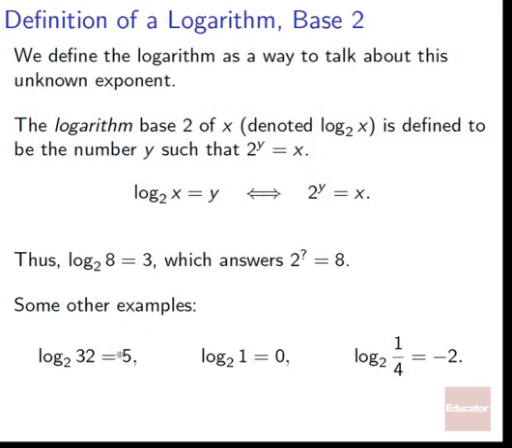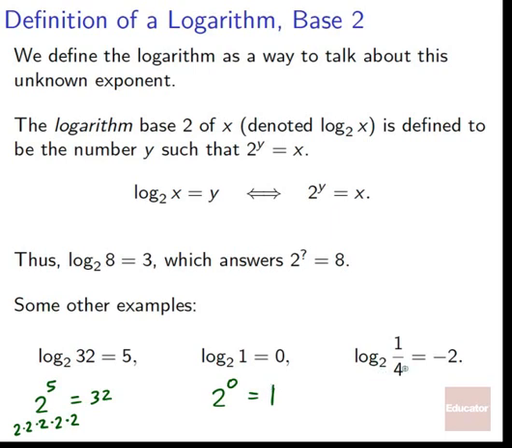Here are some other examples. Log base 2 of 32 equals 5, because if we raise 2 to the 5th, we get 32, right? 2 times 2 times 2 times 2 times 2 is equal to 32. 4, 8, 16, 32. Log base 2 of 1 equals 0 because if we raise 2 to the 0, from our rules about exponents, we know that's just the same thing as 1.